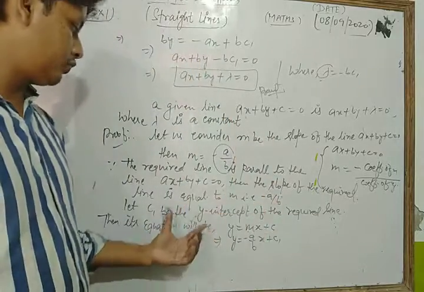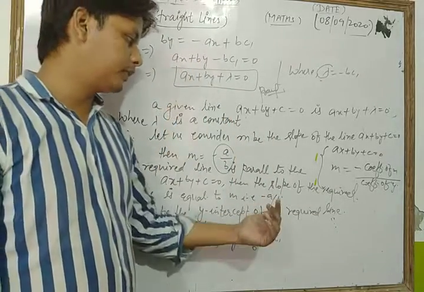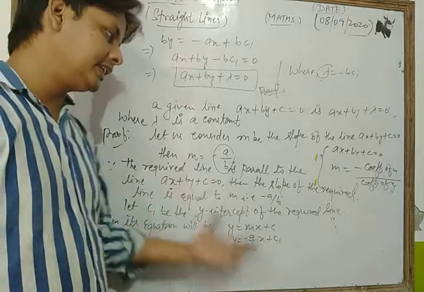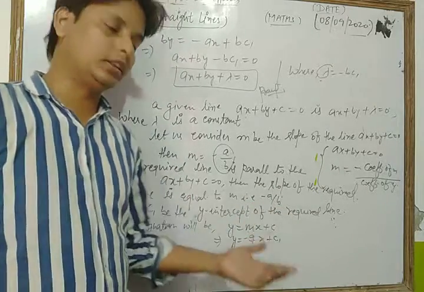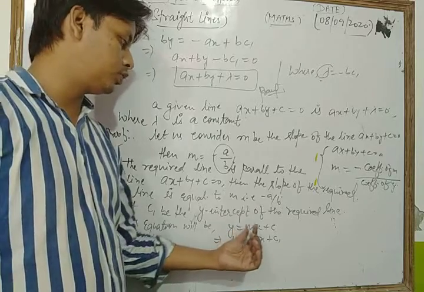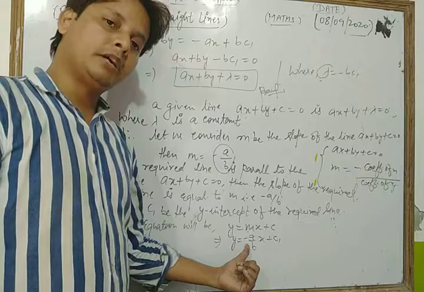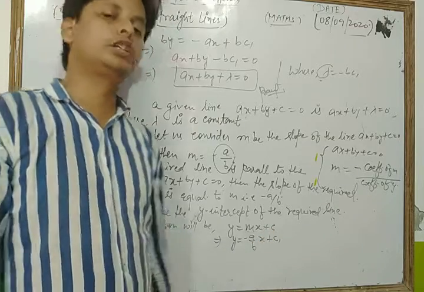So the equation of the line will be y is equal to mx plus c, and we put m is equal to minus a by b and c is equal to c1.